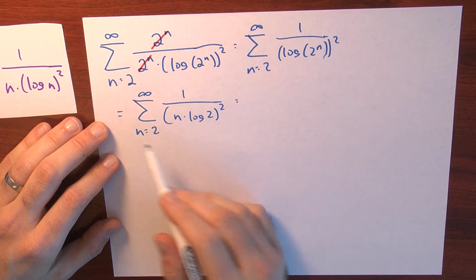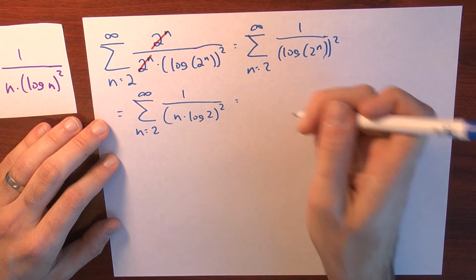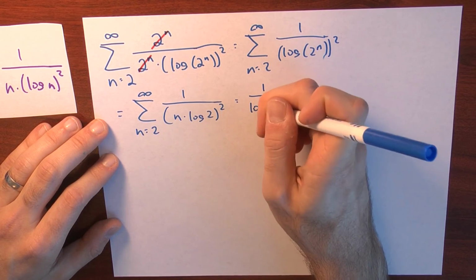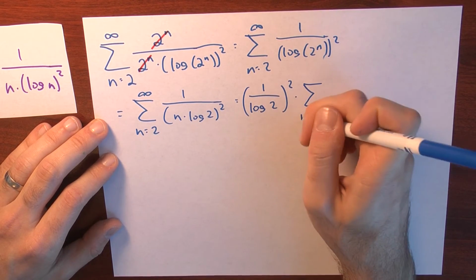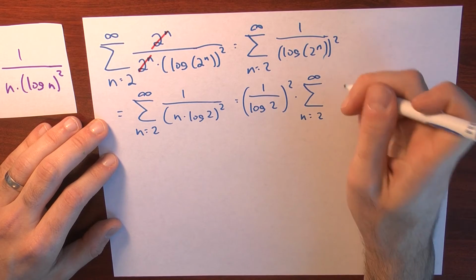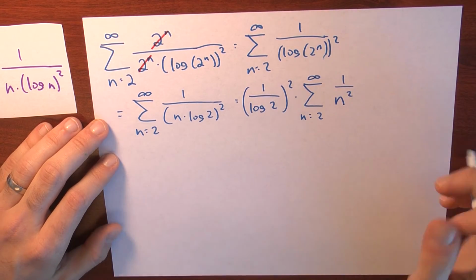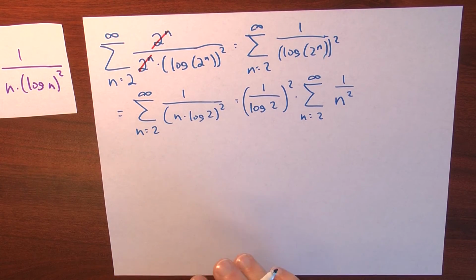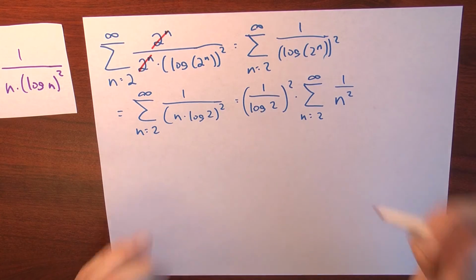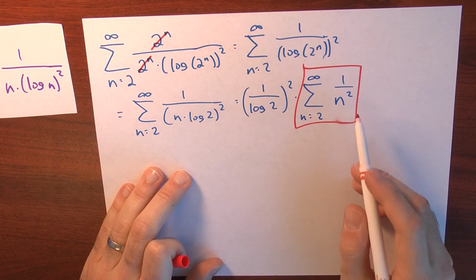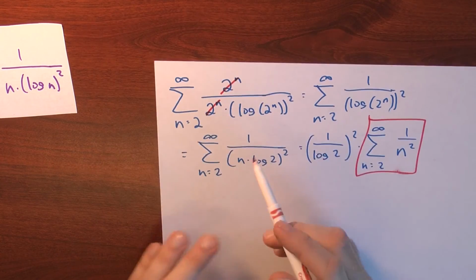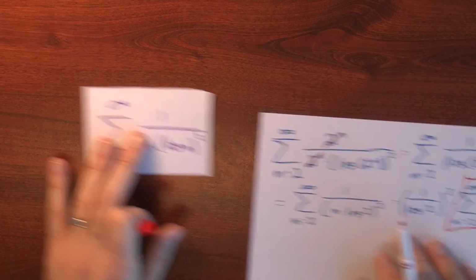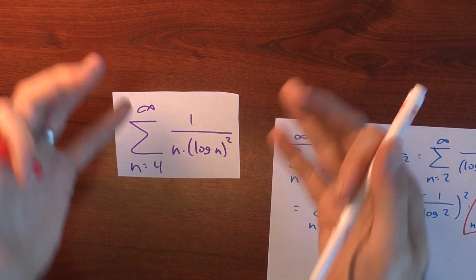Now I could factor out the 1 over log 2 squared. So this is 1 over log 2 squared times the sum, n goes from 2 to infinity, of 1 over n squared. This is really great, right? Because what do I know? This is a p series with p equals 2. This series converges. Well, that means that this condensed series converges. That means the original series converges.